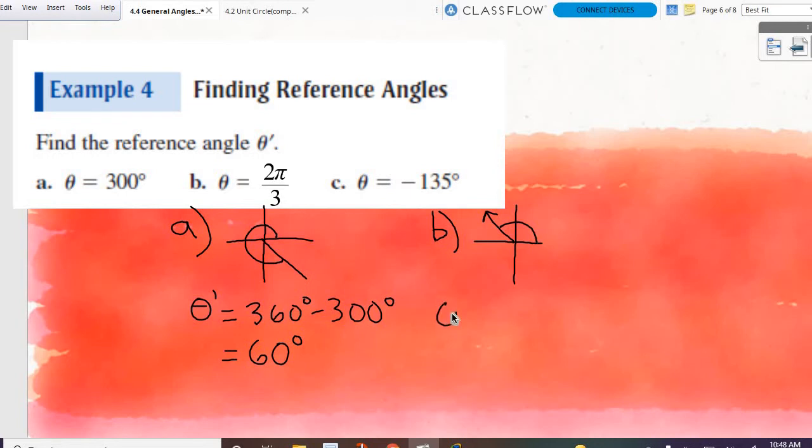So what do we do to find our theta prime? Agreed. So I want to do pi minus 2 pi over 3. Now, some of our instinct might be to switch 2 pi over 3 to degrees and then try to do it in degrees. But what did we say we want to get better at? Not doing that. We want to get better at doing operations with radians.